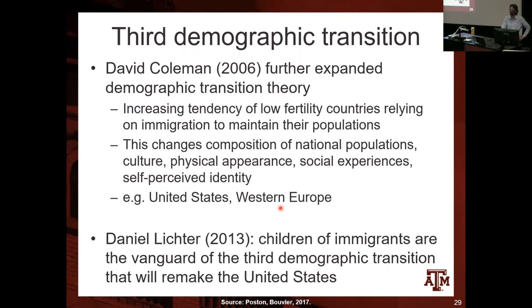So these are all ongoing discussions of how population aging and fertility decline shrink the size of the labor force population in the US and in Western European countries, and how we will need to deal with that.